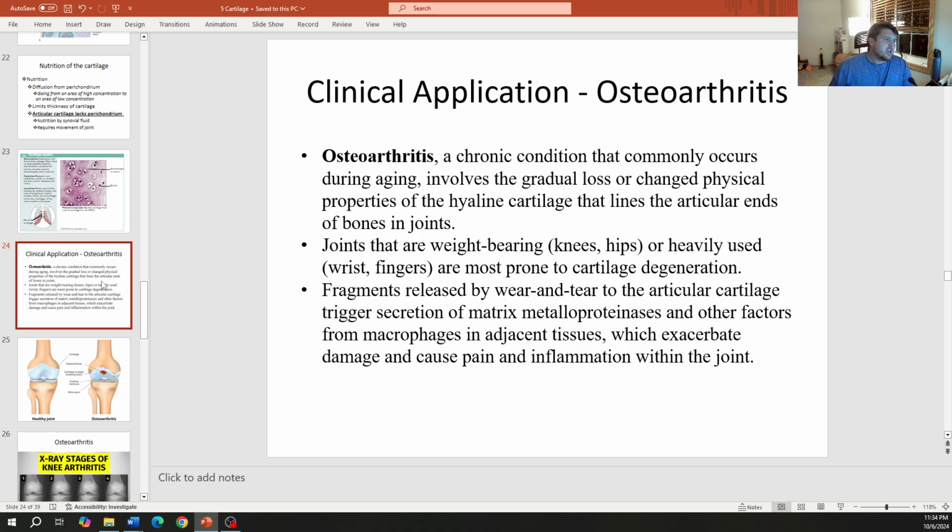Essentially, we get constant weight bearing on joints, especially ones like the hips, the knees, the ankles, joints that we use a ton, the thumbs, or police officers' trigger finger, that kind of stuff. You can get what in the profession we would call wear and tear to those joints.